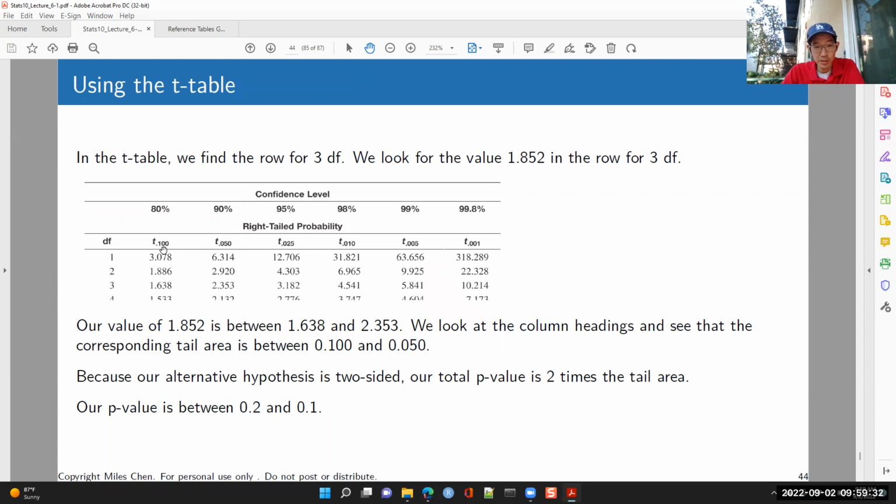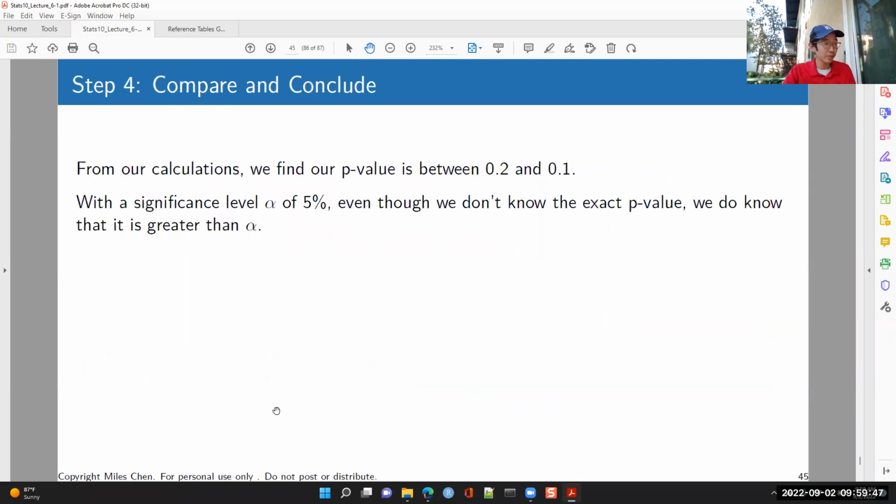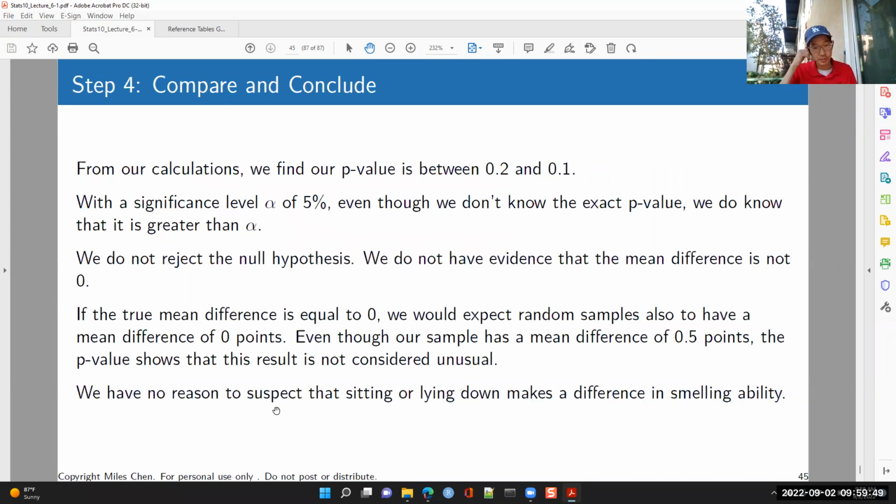Our tail area is going to be between 0.1 and 0.05. If we double that, our tail area is going to be between 0.2 and 0.1, and we would not reject the null hypothesis. And that would be our conclusion.